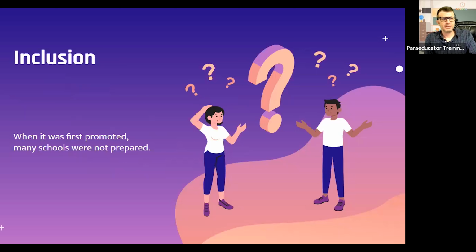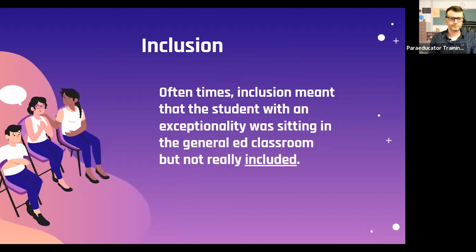All right, in the beginning, these many years ago, when inclusion was first promoted, many schools were not prepared. Remember, this is only kind of starting from the 1970s, and getting better up till today. So in the recent past, inclusion just meant that the student with an exceptionality was sitting in the general ed classroom, but not actually being included.